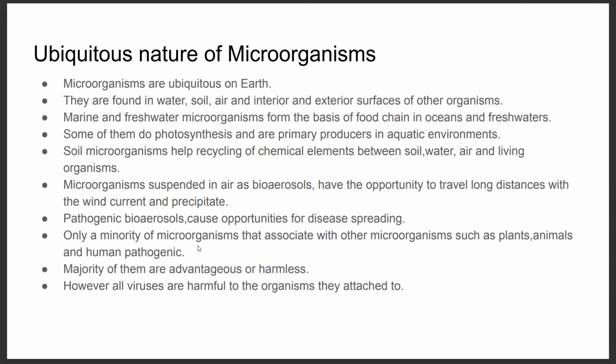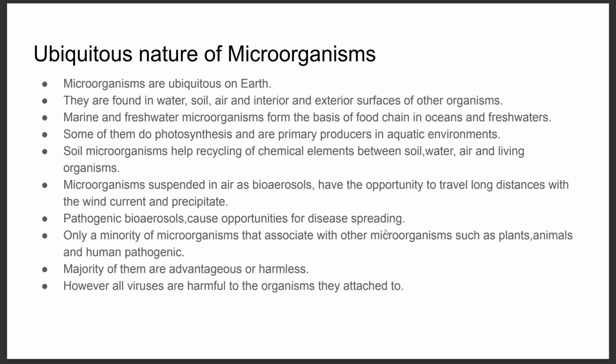Only a minority of microorganisms that associate with other organisms such as plants, animals, and humans are pathogenic. Now, if we take microorganisms, there are advantageous as well as pathogenic microorganisms. But the percentage of pathogenic microorganisms is very low compared to the advantageous ones.